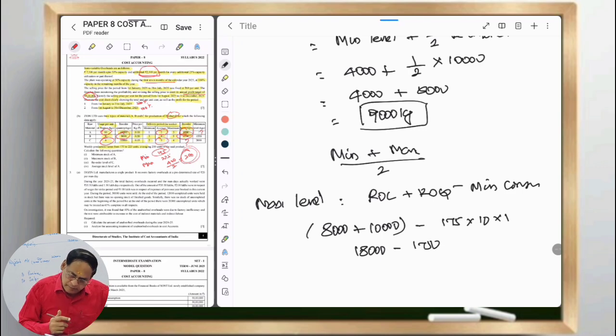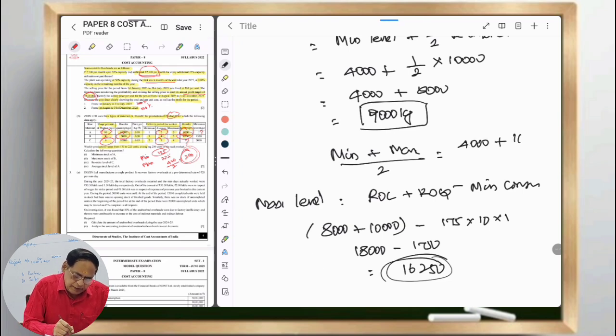So 18,000 minus 1,750, that is 16,250. So we know the minimum level, we already know. So that is 4,000. Now we find out the maximum level, 16,250.